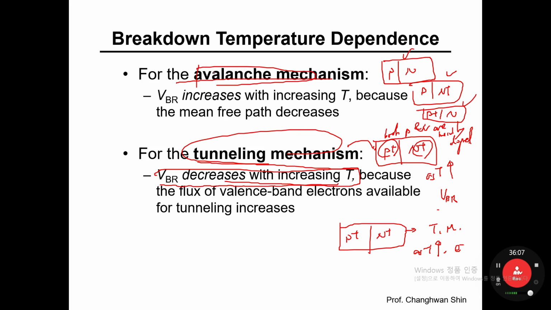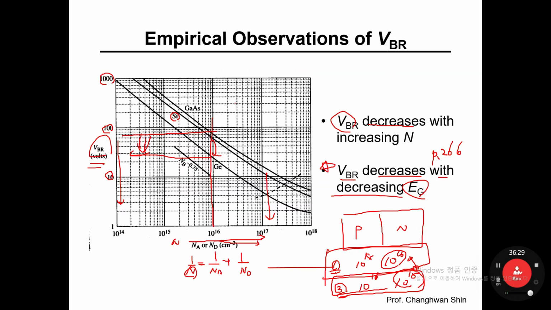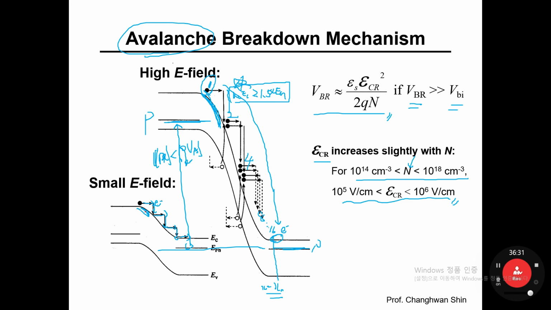So think about the basics of how the avalanche mechanism can happen in a reverse biased PN diode. Intuitively speaking, as temperature increases, does the breakdown voltage increase or decrease? Why? Let's go back to the energy band diagram for the avalanche mechanism again.